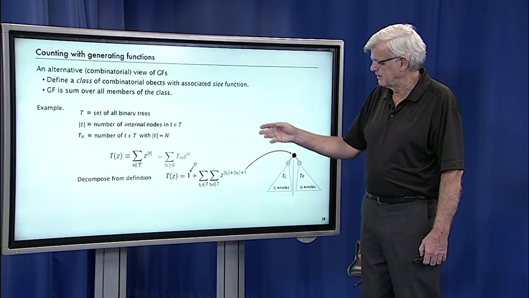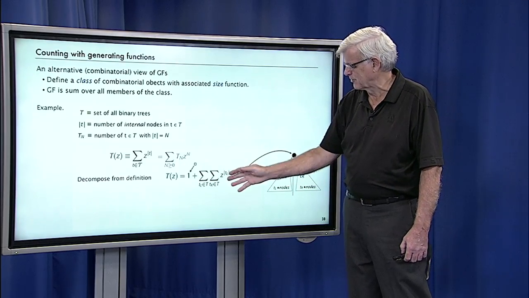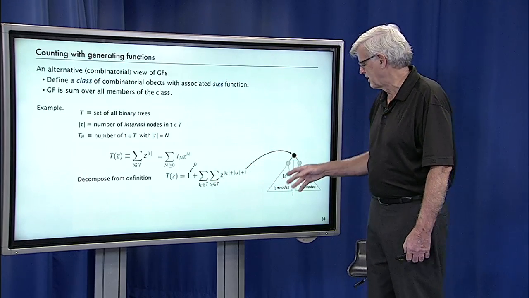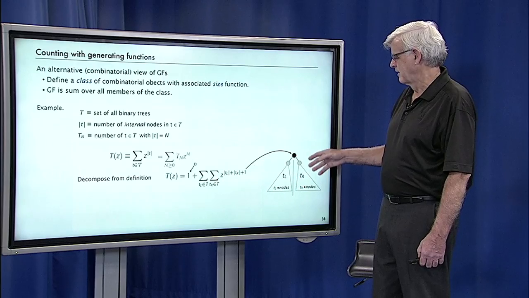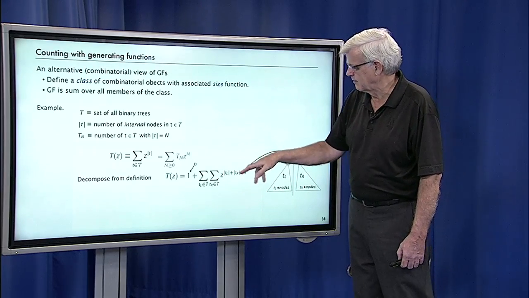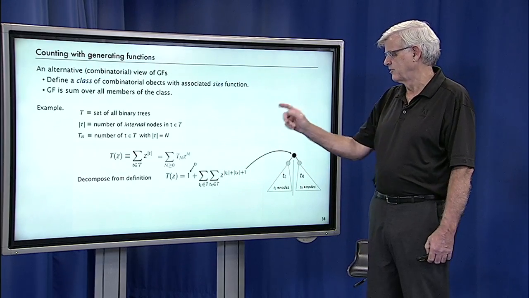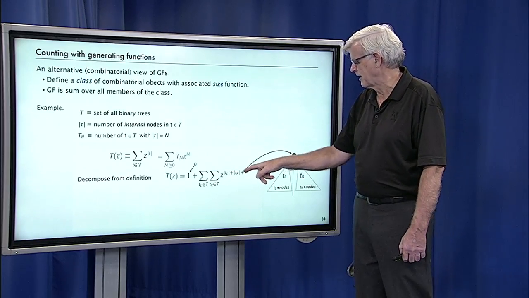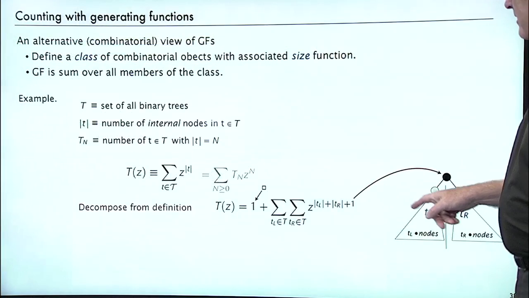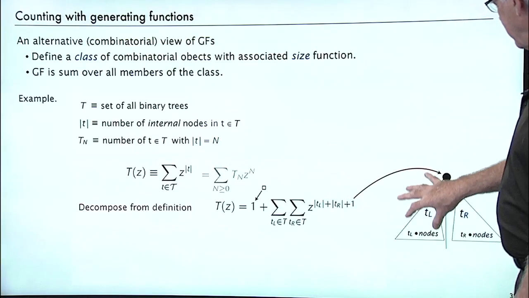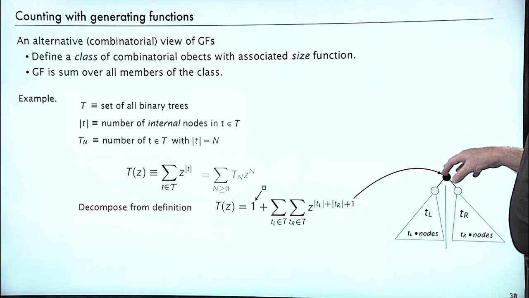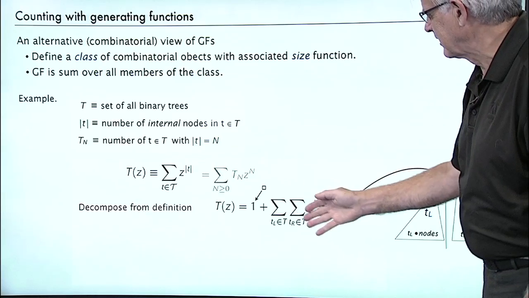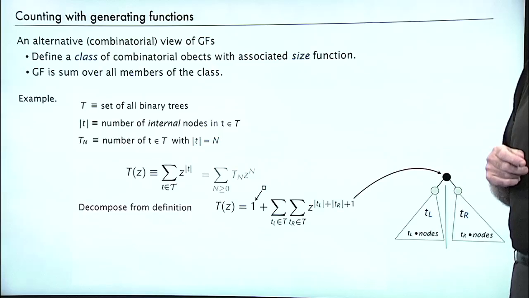If we take that sum of all possible trees, with all possible left trees and all possible right trees, then we have z to the size of the whole tree, that's the size of the left, the size of the right, plus 1. So the decomposition that we use to define what we mean by a binary tree immediately gives this equation on the generating function.